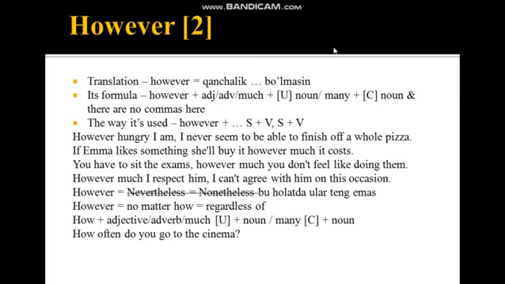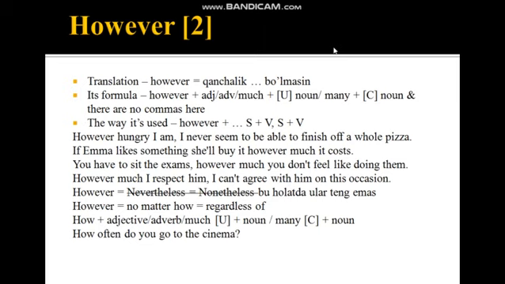After how we can use adjective, adverb, much, many, as we have seen above. Not how itself, but how often, or how old, or how fast, how expensive, or how delicious. These kinds of words we should have learned so far, guys.